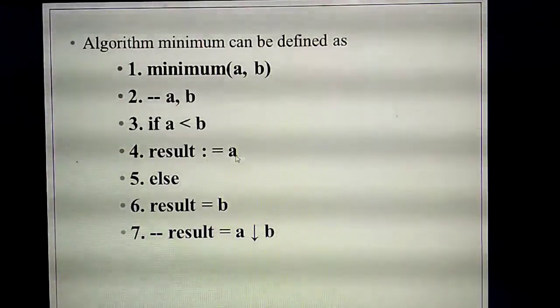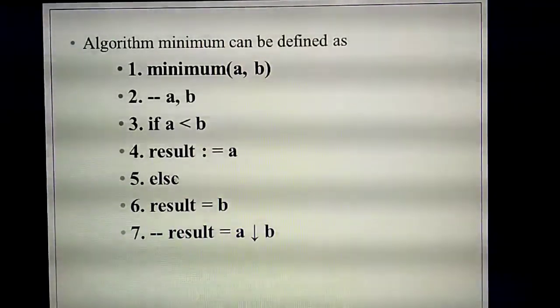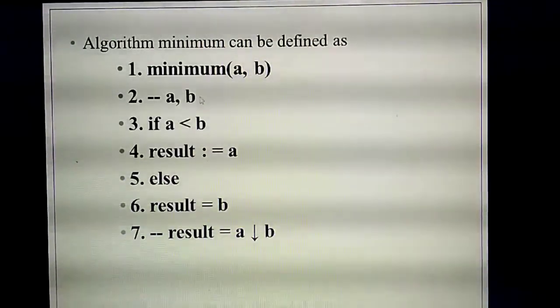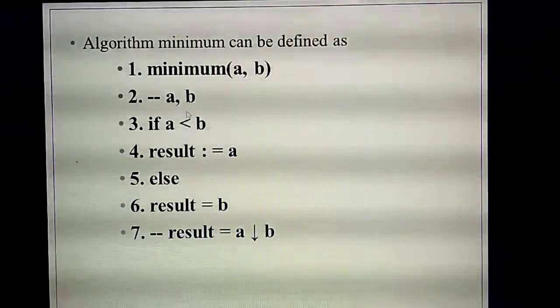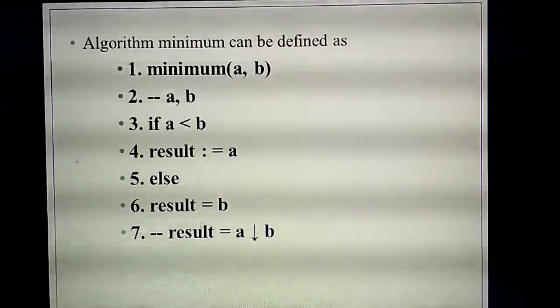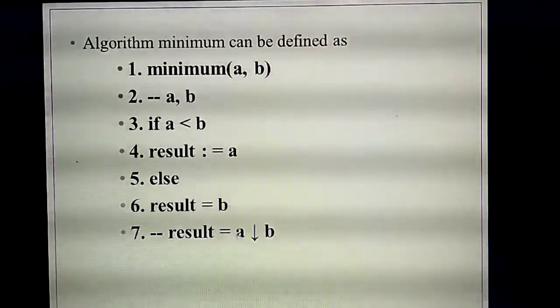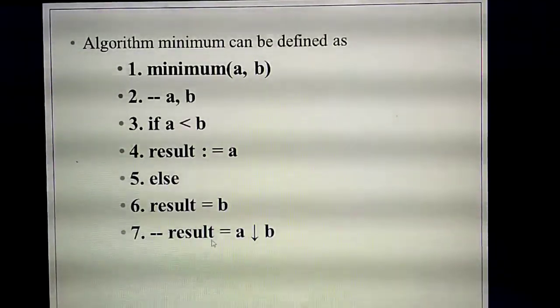Else means if A is not smaller, already here smaller we have given, then only one possible value will be there, B. So we need to store the value B in the variable result. So this is the formula for finding A minimum B that we have written in the last.